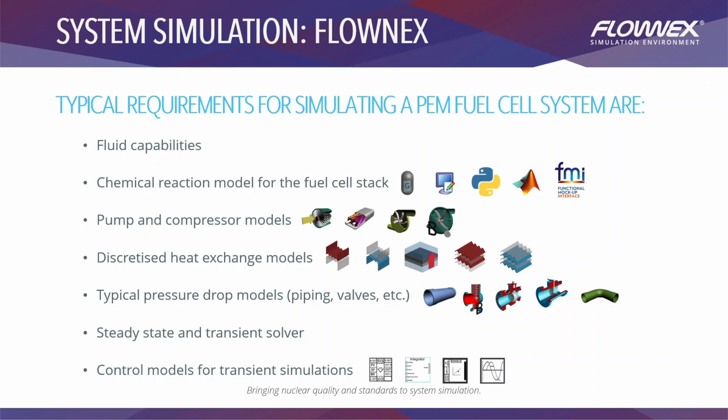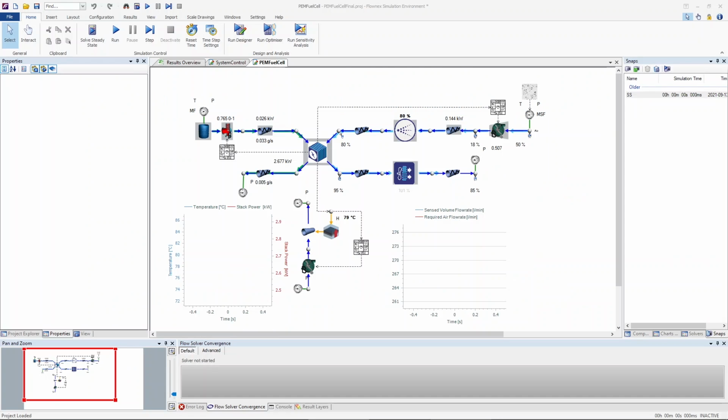So, now that we know what Flownex is and what it is capable of, let's see how Flownex will be able to help engineers to design the systems of a PEM fuel cell. Here we can see the PEM fuel cell together with all the necessary components.